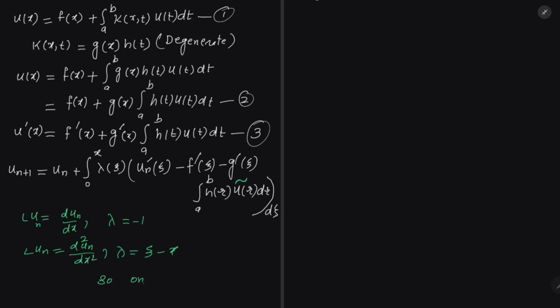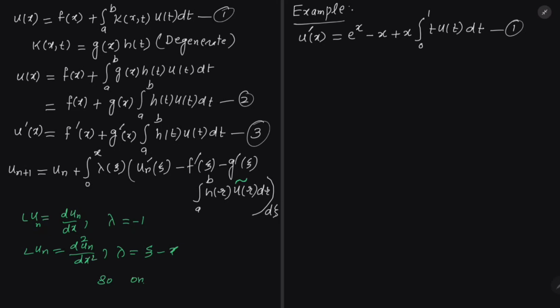So we solve the first example. Example number 1. We have a Fredholm integral differential equation. u dash is equal to e raised to power x minus x plus x times the integral from 0 to 1 of t u of t dt. This is equation number 1.